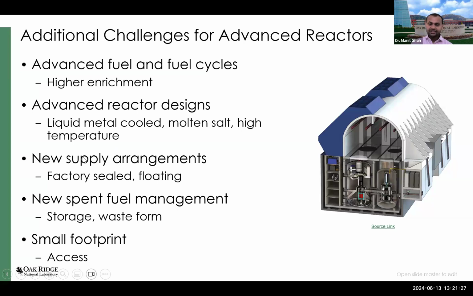And with these new advanced reactor designs and technology comes the aspect of supply management, including small modular reactors, which are planned to be factory built, and there would be floating type reactors as well, marine. Then a new type of fuel management will be required compared to the dry cask arrangement for light water reactors. The storage and the waste form will differ.